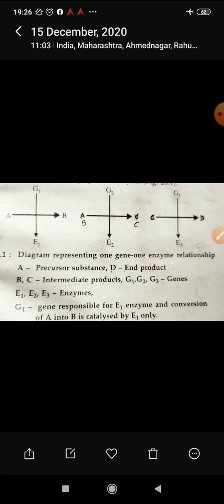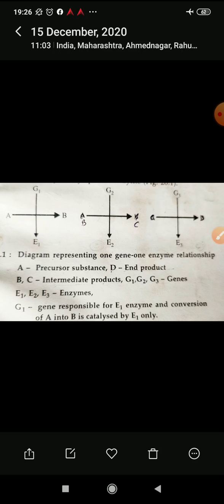Therefore, according to the physiological need of the cell, synthesis of enzyme is regulated by the gene. Whenever required, an enzyme will be produced, a particular type of protein, and that is responsible for the development of the character or phenotype or trait.